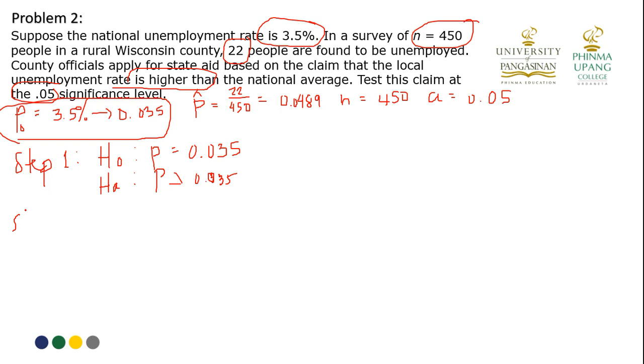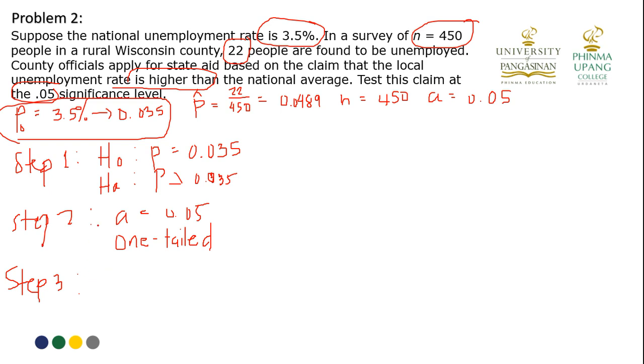0.035. Tapos, dito tayo sa step 2. So, kunin mo yung alpha, 0.05. Tapos, 1-tailed. Paano pag hindi ko po nalagay yung 1-tailed sa exam? So, di 1 point ka lang. Step number 3.